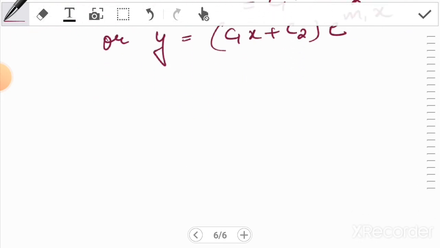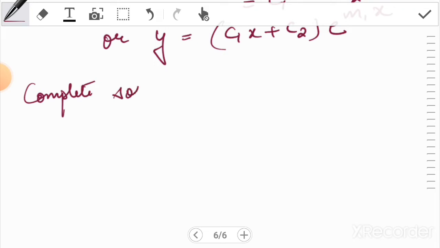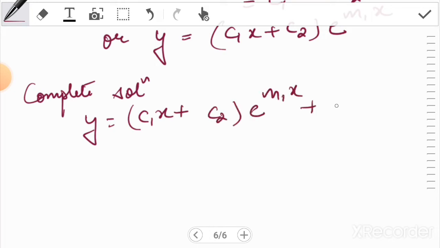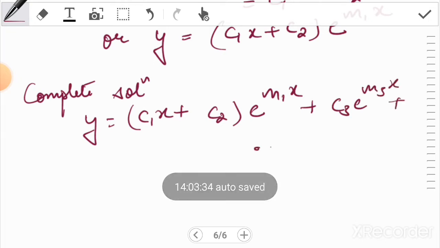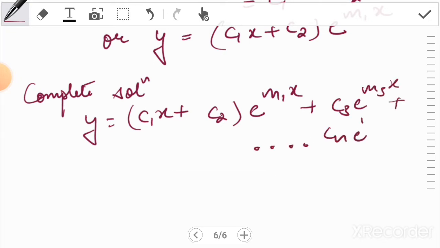Now the complete solution of the original differential equation will be y is equal to (c1x plus c2) e raised to the power m1x plus c3 e raised to the power m3x plus cn e raised to the power mnx.